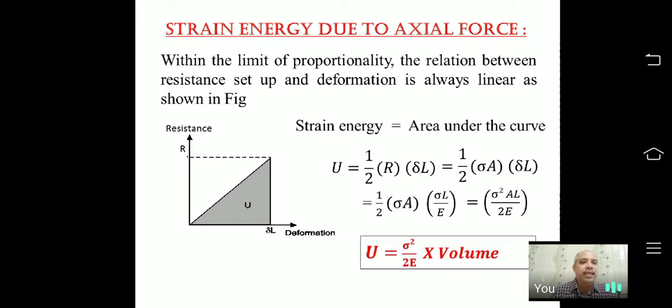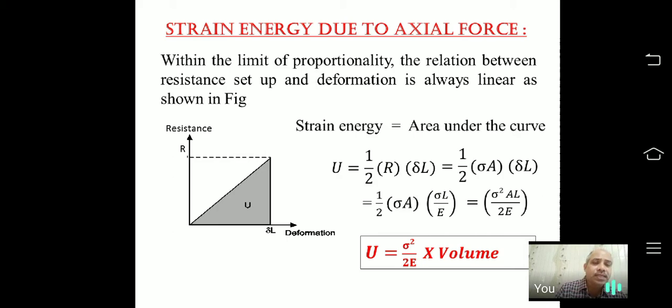So this is my equation of strain energy. U is equal to sigma square upon 2E into volume, because A into L is volume, and therefore we have this strain energy sigma square upon 2E into volume.